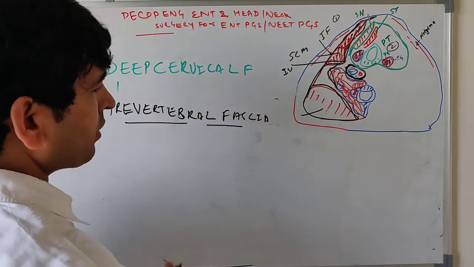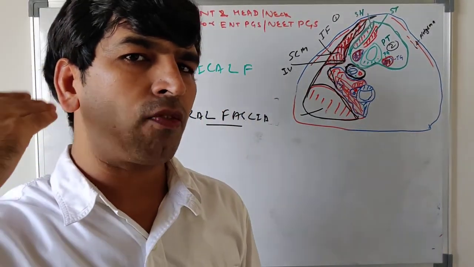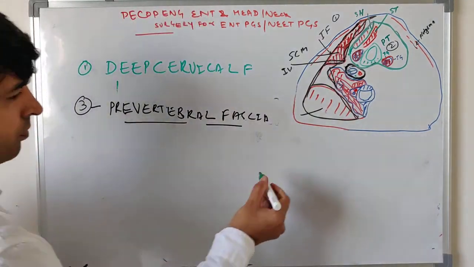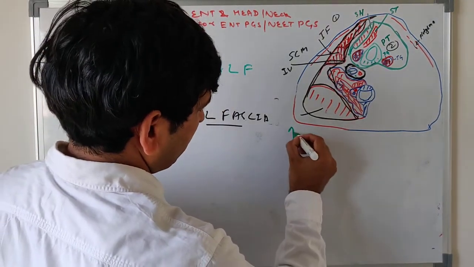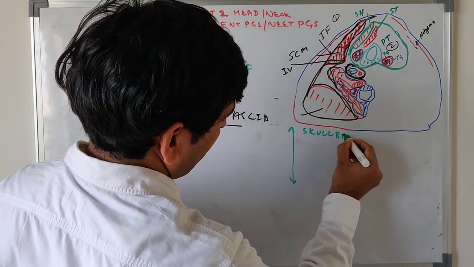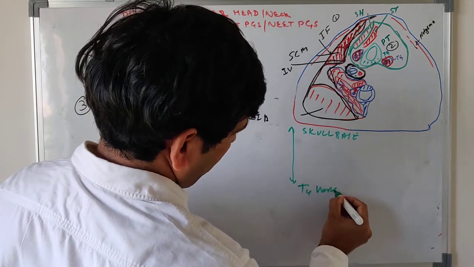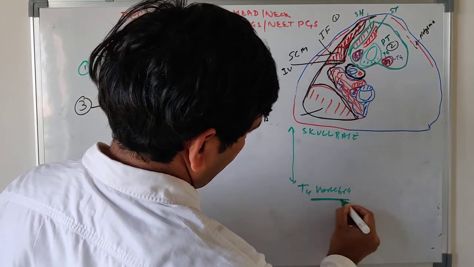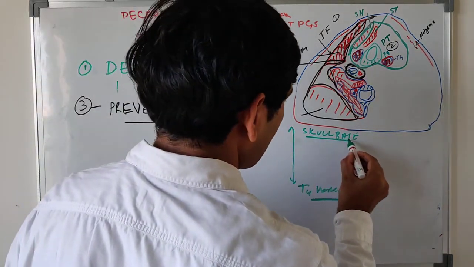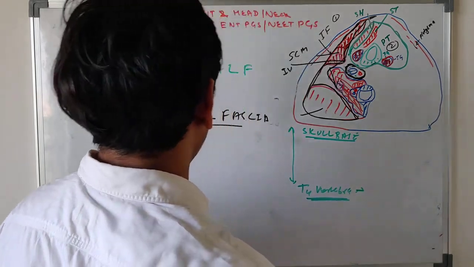This prevertebral fascia extends from the skull base and nasopharyngeal part, the pharyngeal tubercle, down to the T4 vertebra. So it extends superiorly to the skull base and the nasopharynx, and in the thorax up to the T4 vertebra.